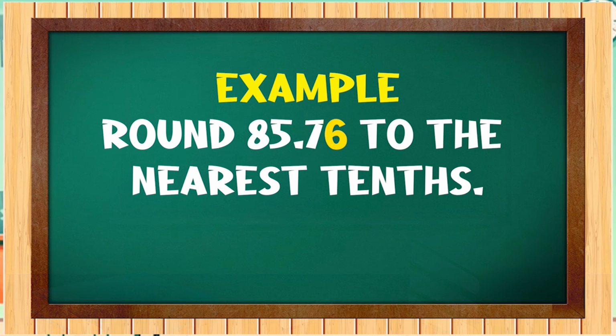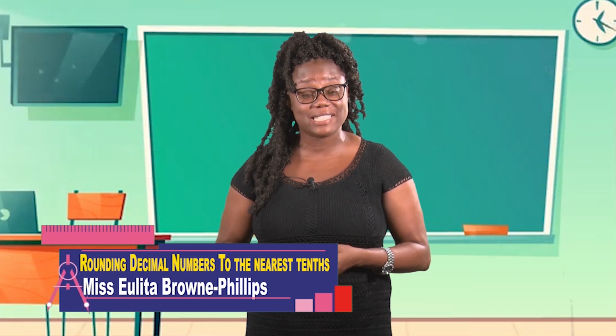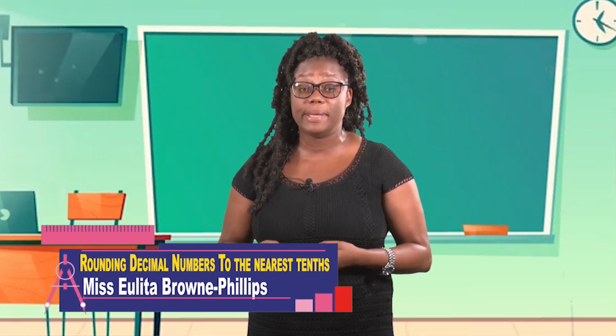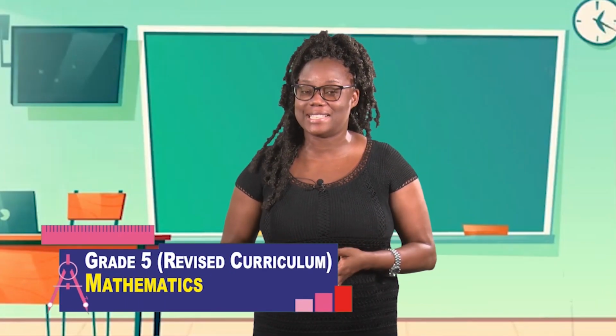So we add 1 to the tenths place, and the number in the tenths place is 7. So 1 plus 7 will give us 8. What happens to the other numbers after the tenths place? They all become 0. So 85.76 rounded to the nearest tenths is 85.80.